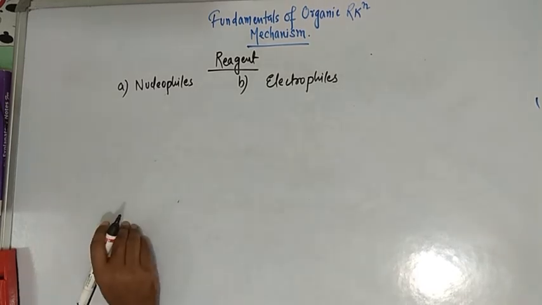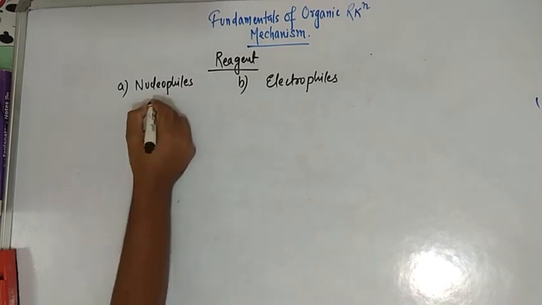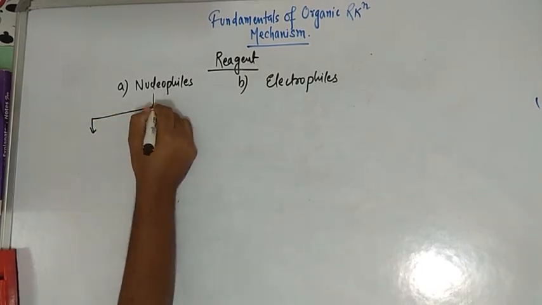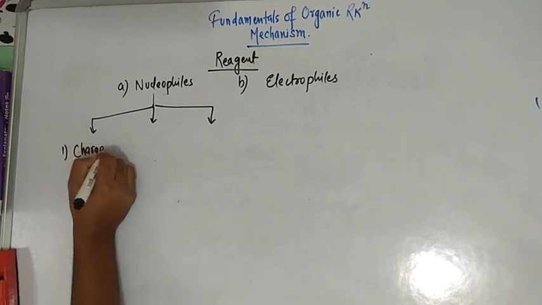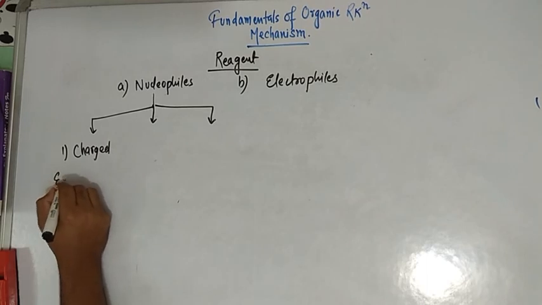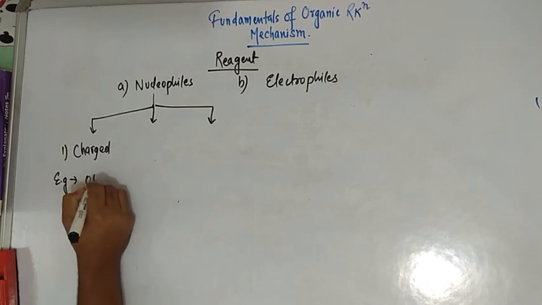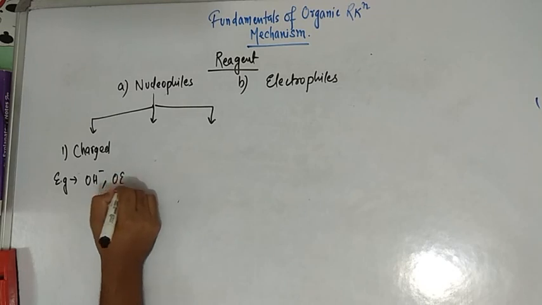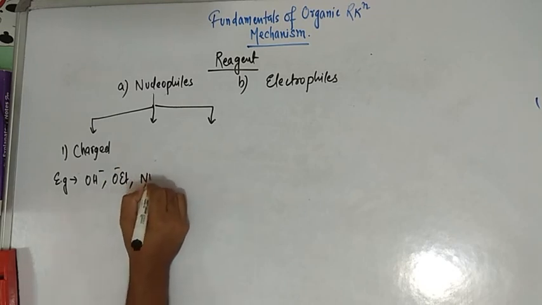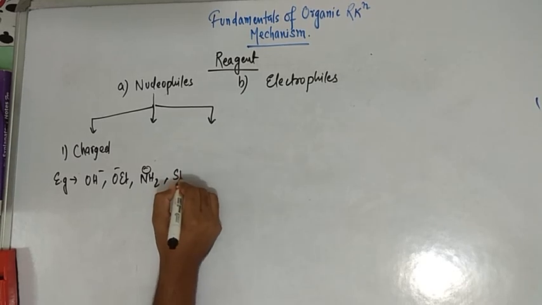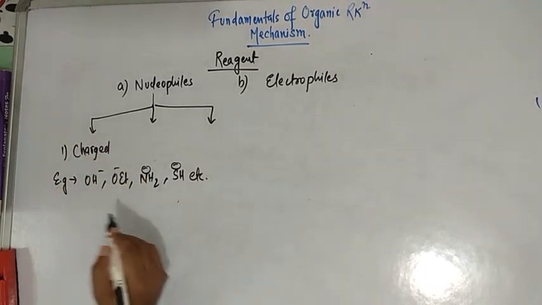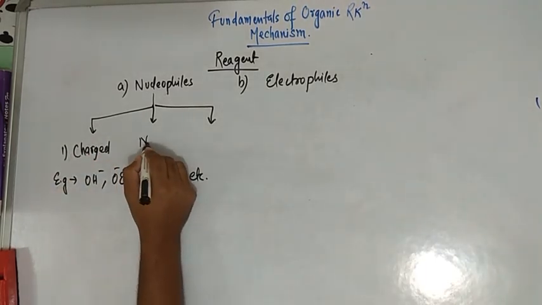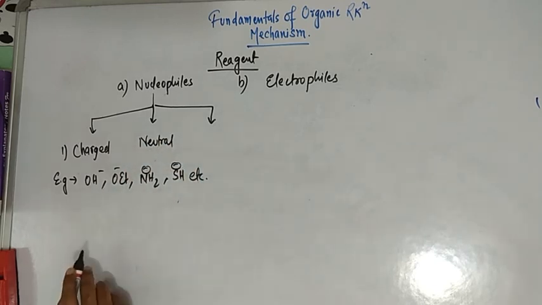Now, these nucleophiles can again be classified into certain categories. Number one is the charged nucleophile. Examples of charged nucleophiles are OH negative, OEt negative, NH2 negative, SH negative, etc. Apart from these, another type of nucleophiles are called neutral nucleophiles.